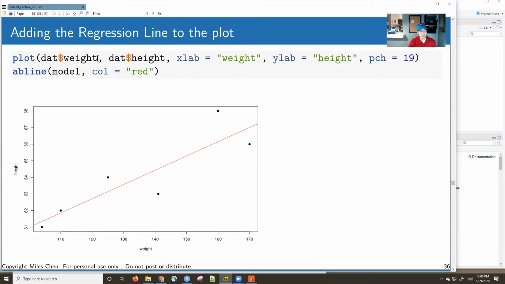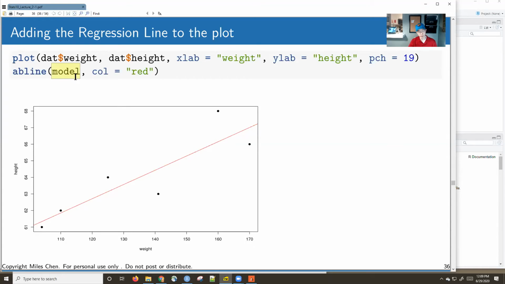You give it the x vector, the weight, and height is the y vector, and then you can give it labels for the x label and y label, axis labels. Here I'm using plotting character 19, which is the solid dots. And then to draw the fitted line, you say abline, okay?